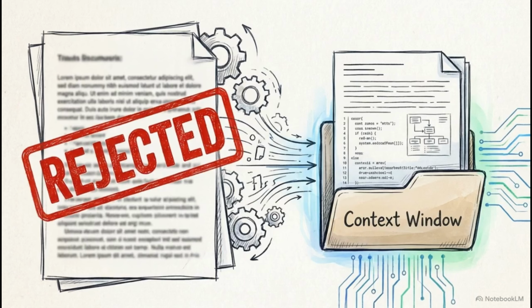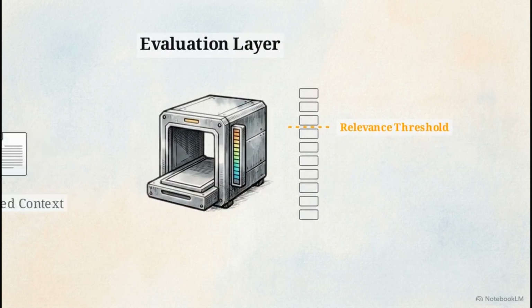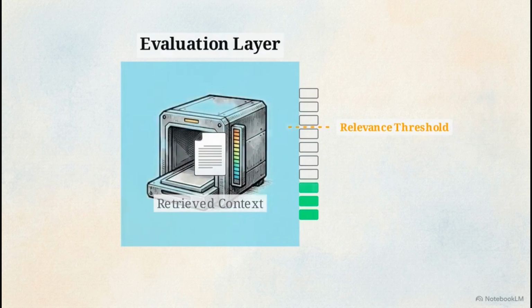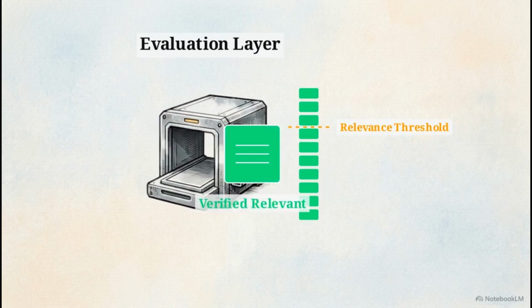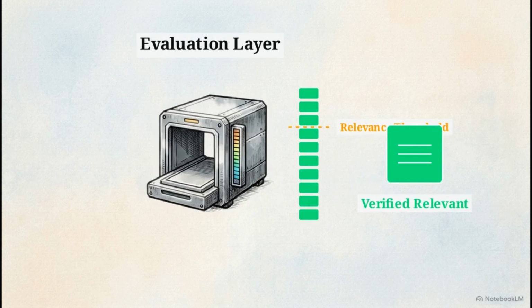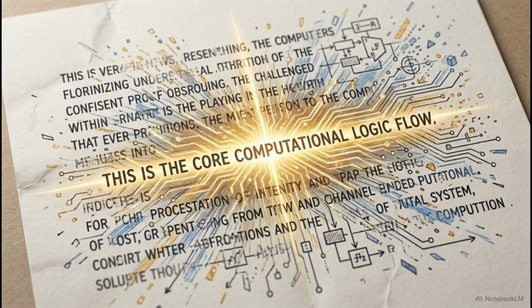Corrective RAG, or CRAG, serves as a safeguard against low-quality retrieval poisoning the language model's context window. CRAG utilizes a dedicated evaluation layer. A high-speed model scores retrieved documents against a strict internal relevance threshold before generation begins. For documents that pass the relevance threshold, a decomposition algorithm surgically extracts only the pertinent facts, discarding the surrounding noise.